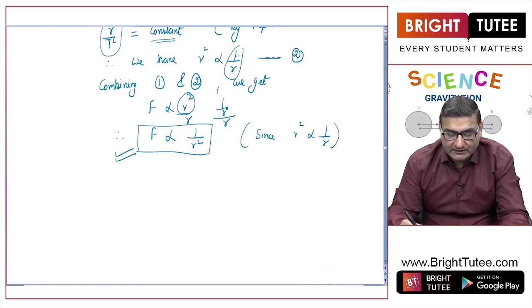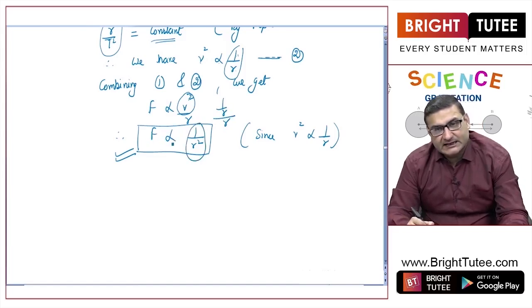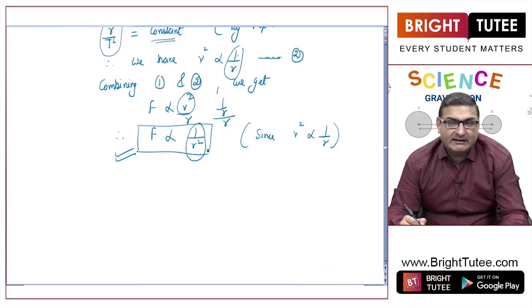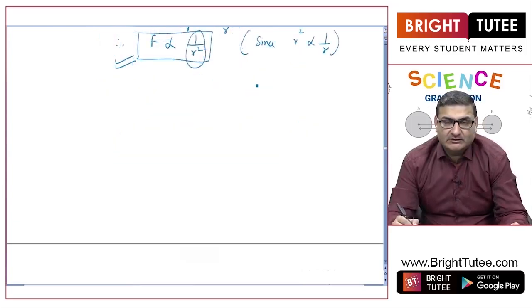So this becomes 1 by r square. So F is directly proportional to 1 by r square. Now, this is the inverse square rule, deduced from Kepler's laws. Got it? Fine? Good. So this is all about our planetary motions, Kepler's law and Newton's law of gravitation.